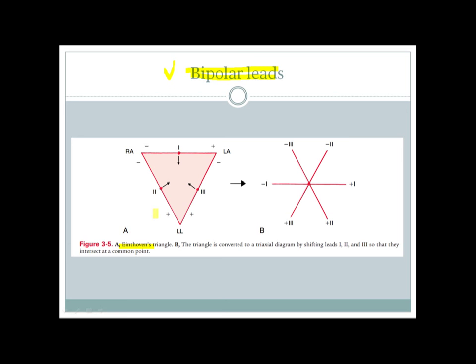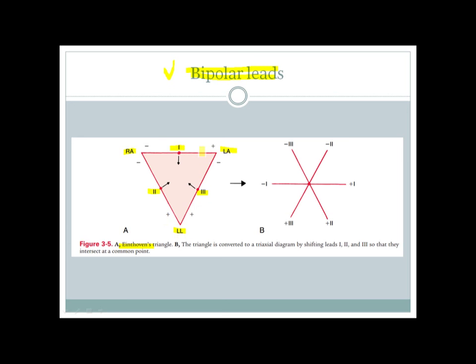He drew a line for those leads, and those lines created a triangle. Here you can see an Einthoven triangle, which shows the right arm electrode, left arm electrode, and left leg electrode. The leads generated from those electrodes are lead 1, lead 2, and lead 3.